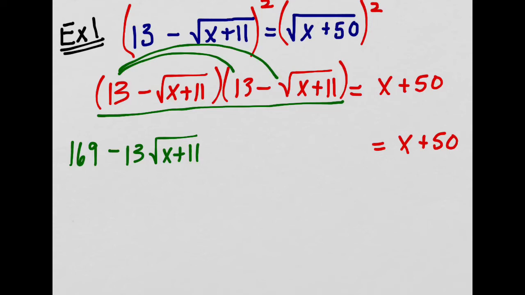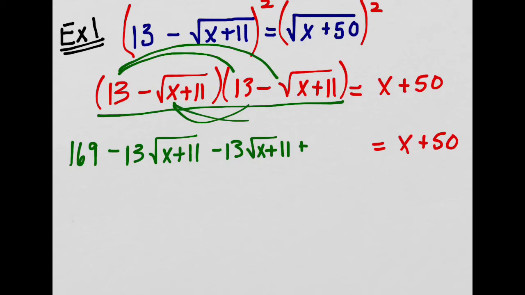Here now is my third multiplication, which is going to be the same, negative 13 root x plus 11. And now my last multiplication, again, it's a negative times a negative. So these two radicals, the negative times the negative, that's going to be my positive.